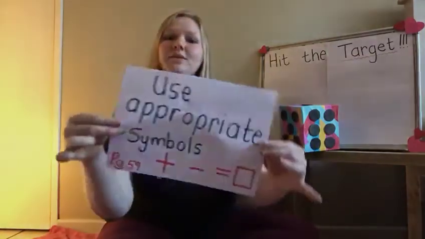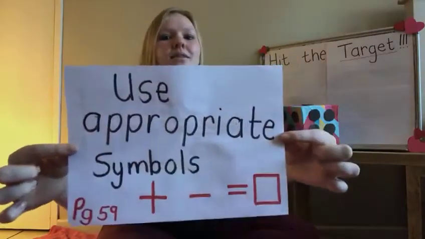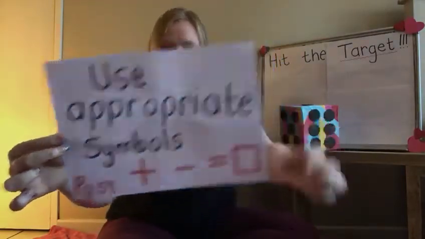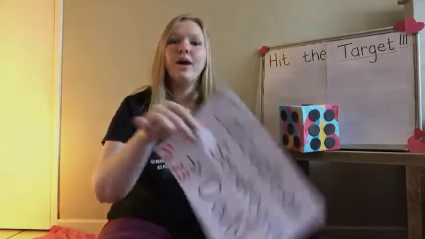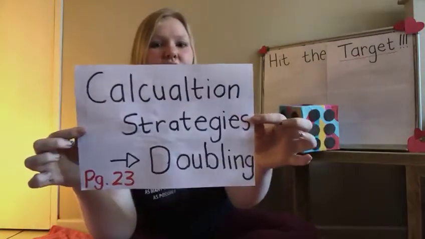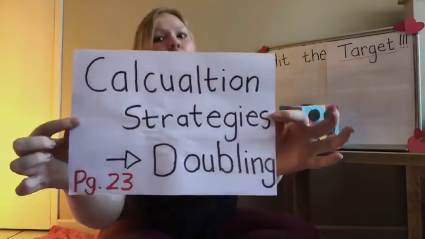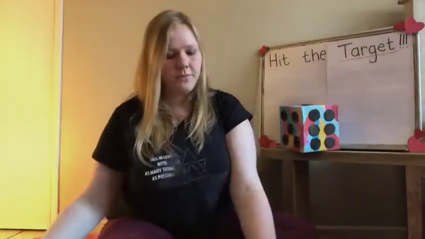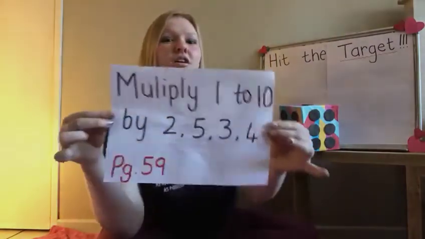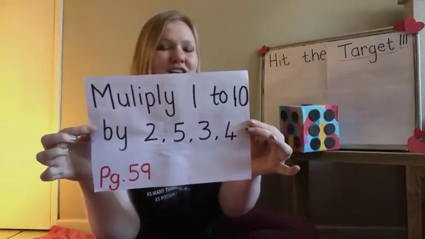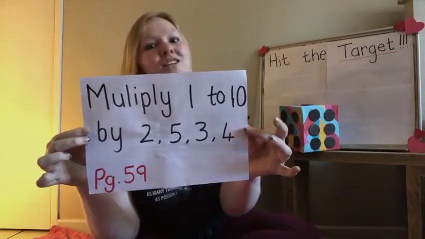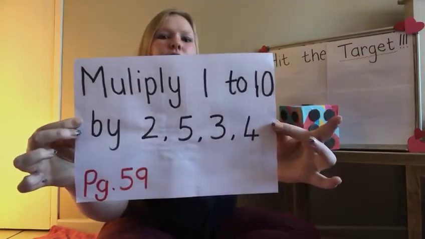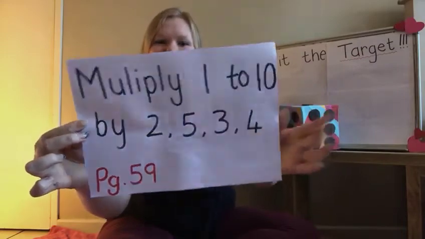The learners will be able to use appropriate symbols on page 59. They will also be practicing their calculation strategies such as doubling, which is on page 23. And as the game gets harder, they will be using multiplication from 1 to 10 by 2, 5, 3, and 4, which is on page 50.